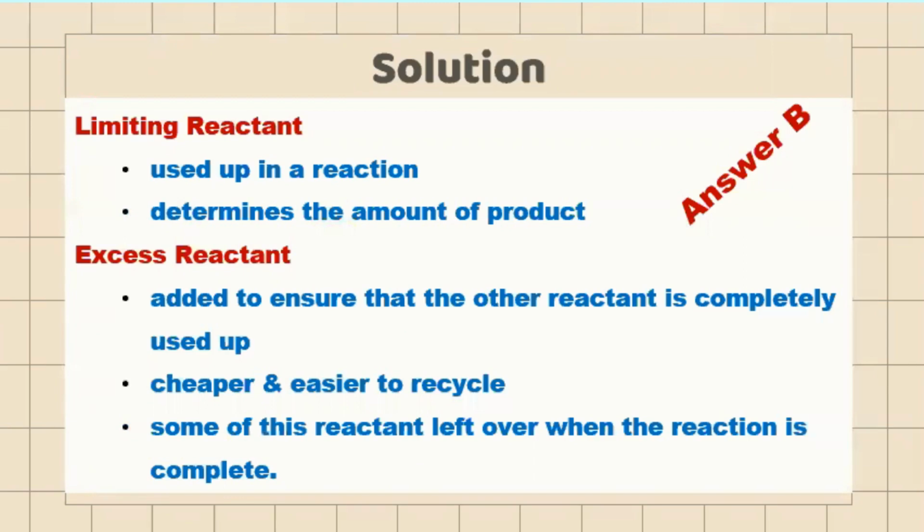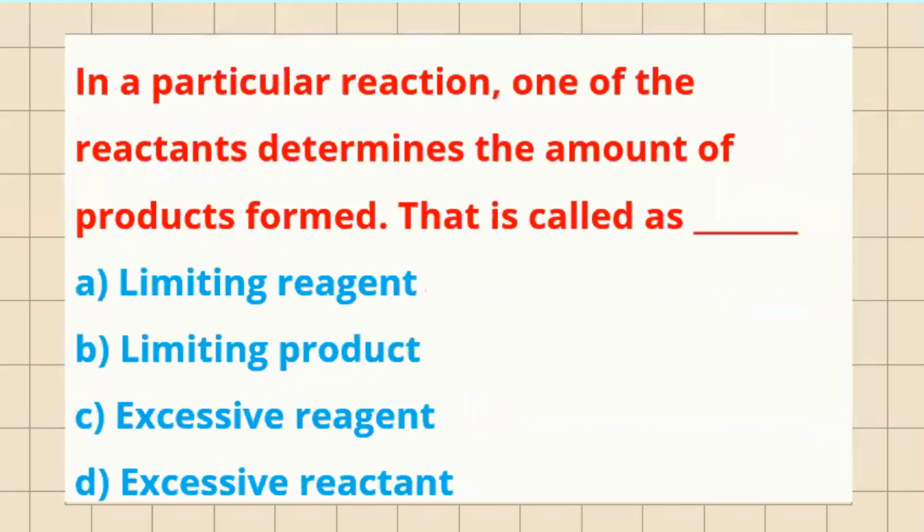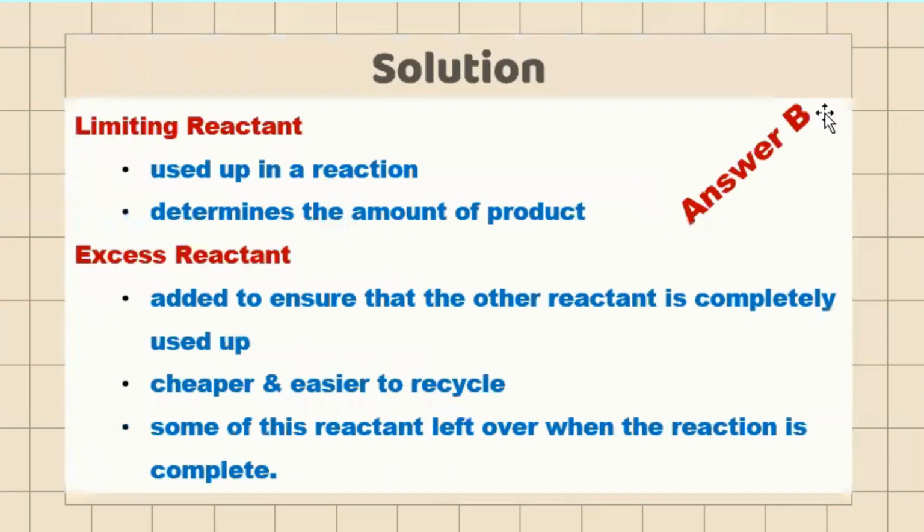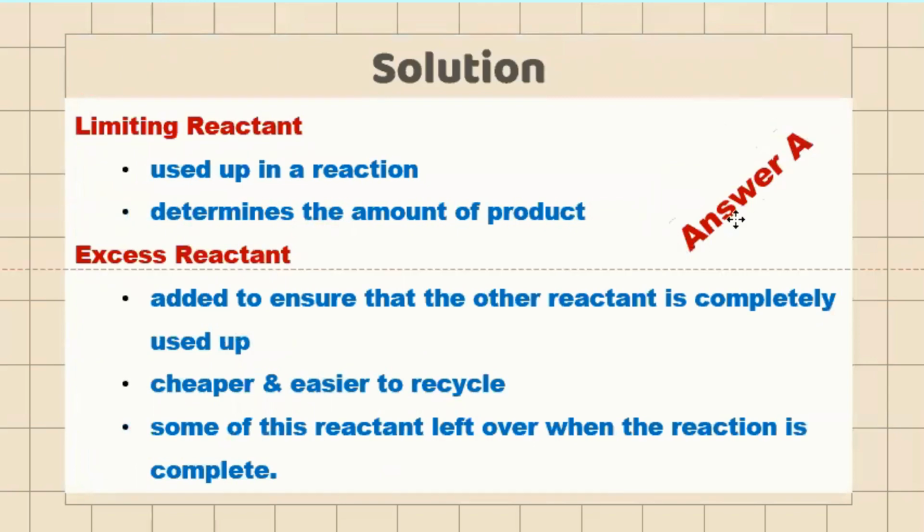Excess reactant is added to ensure that the other reactant is completely used up, and it is cheaper and easier to recycle. Some of this reactant is left over when the reaction is complete. The answer must be A. Okay, the answer is A.